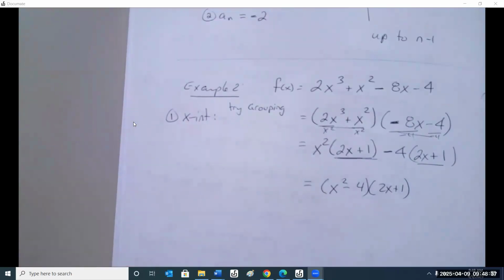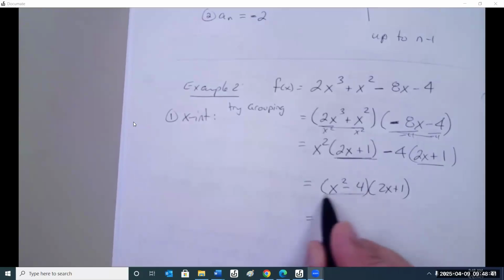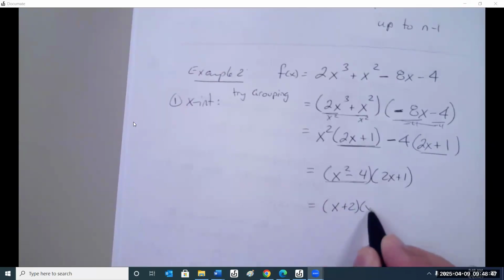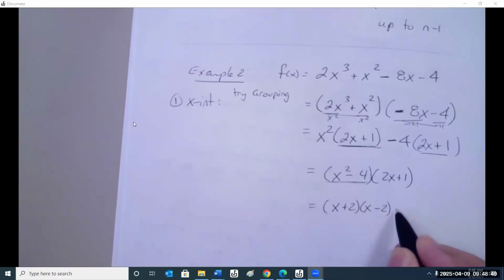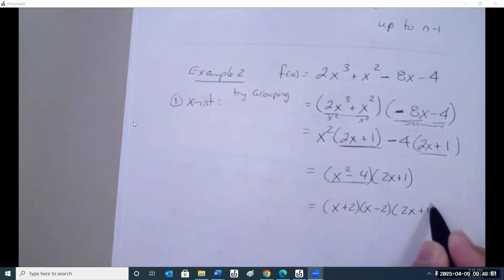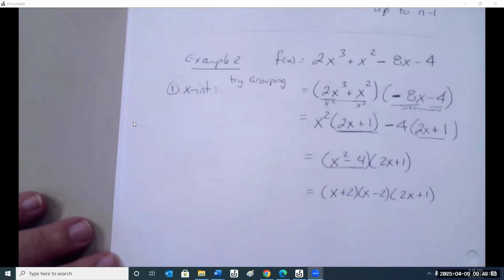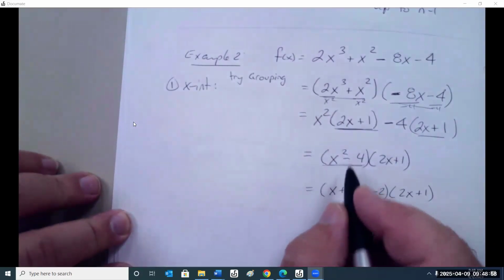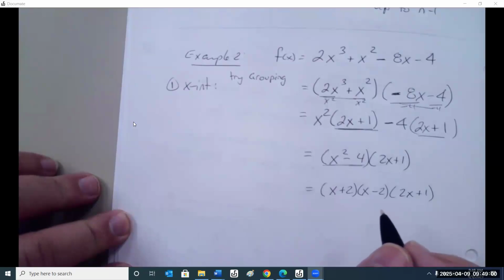So we factor out the 2x plus 1. We can factor the first one, the x squared minus 4. That's x plus 2, x minus 2, the difference of two squares. But then again, you don't need to, because here you can set these equal to 0 and solve.